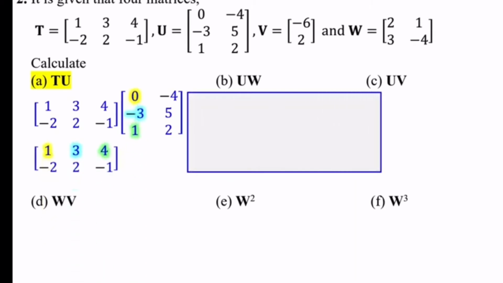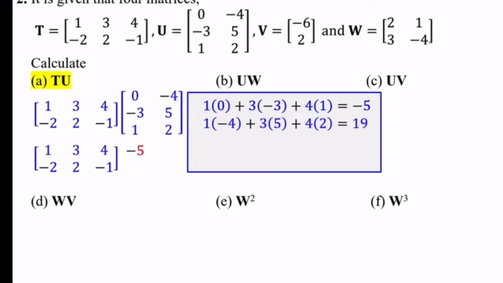1 times 0 plus 3 times negative 3 plus 4 times 1. So we will have negative 5 for the first element, followed by 1, 3, 4 times negative 4, 5, and 2. So 1 times negative 4 plus 3 times 5 plus 4 times 2 is 19, followed by negative 2 times 0 plus 2 times negative 3 plus negative 1 times 1.